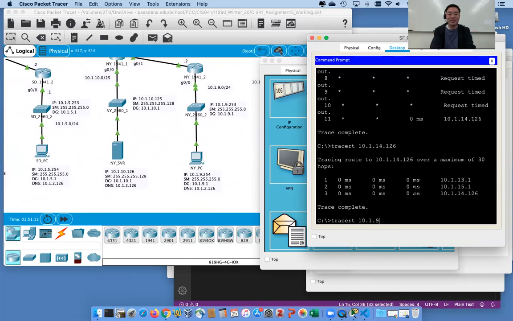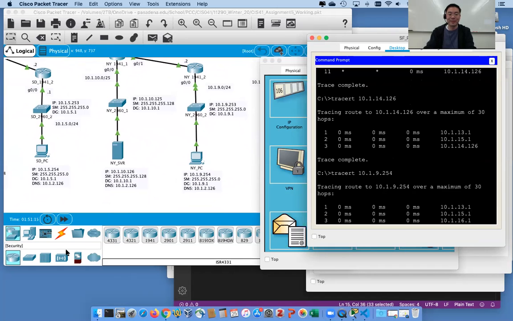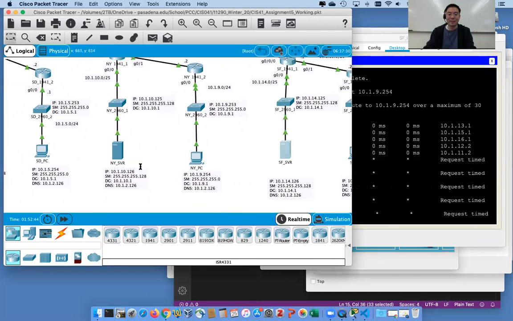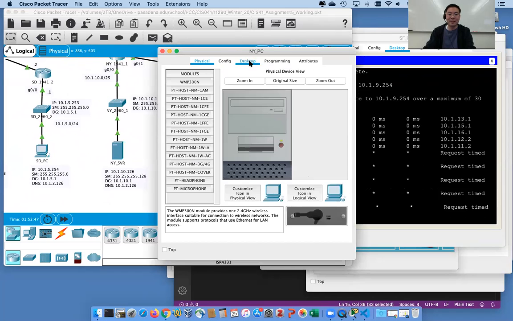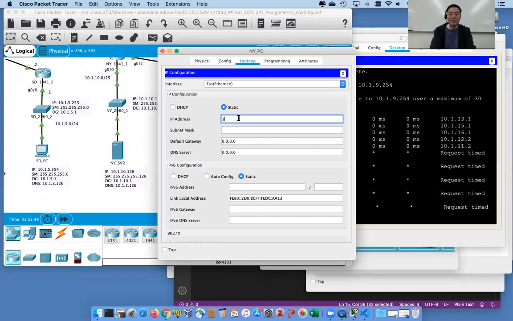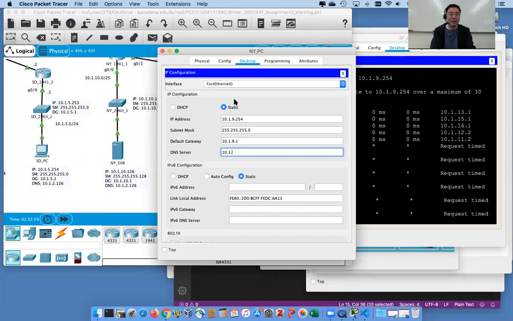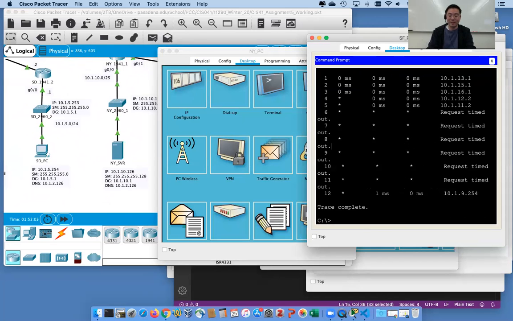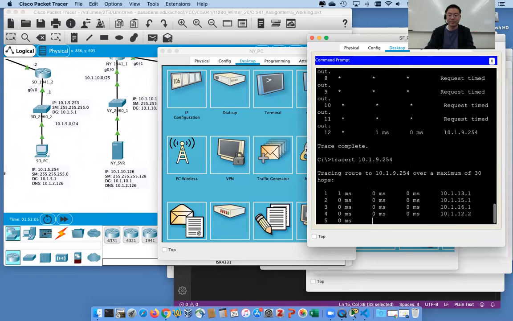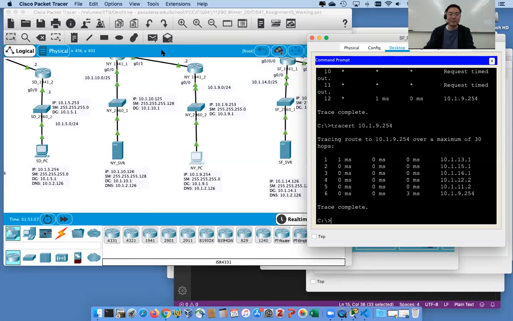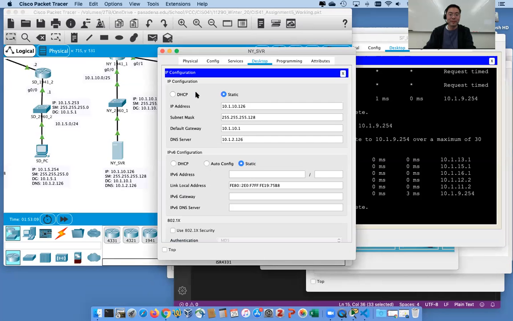Trace route 10.1.9.254. 10.1.9.1. 10.1.2.126. Okay, try it again. Much better. See if we got our server there.